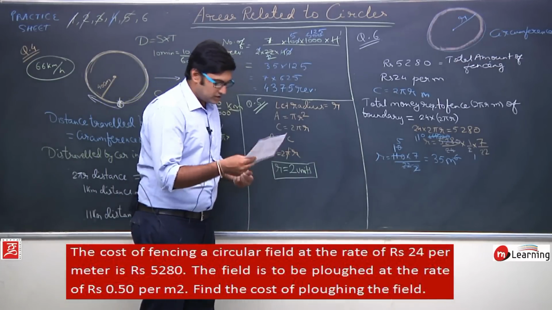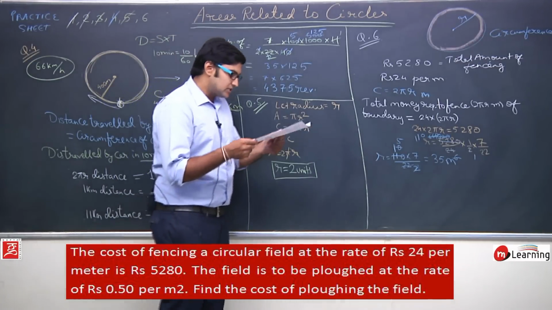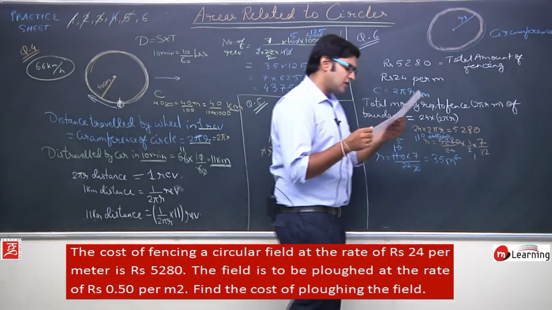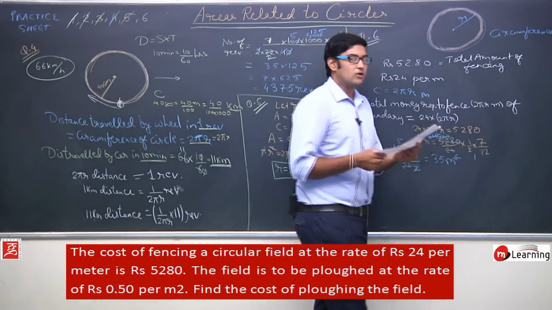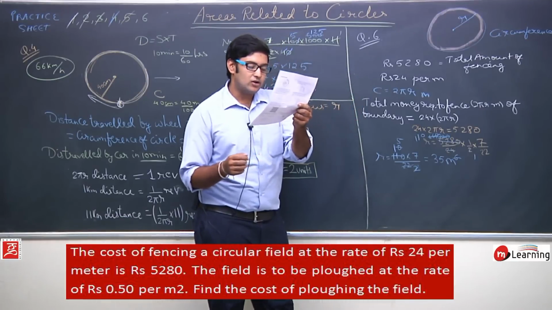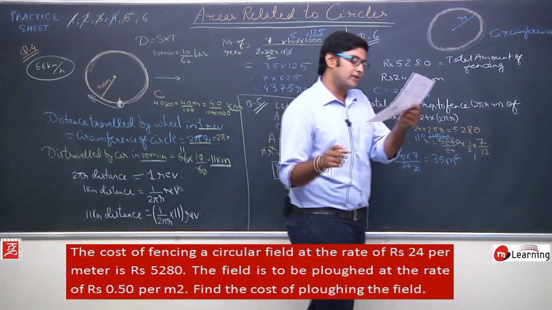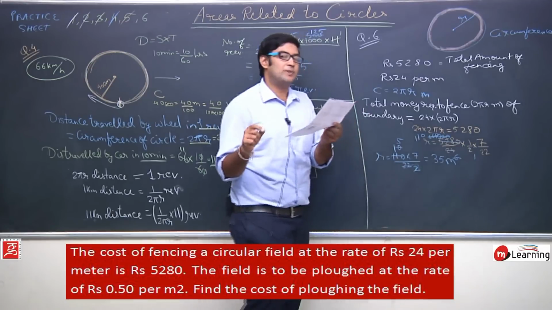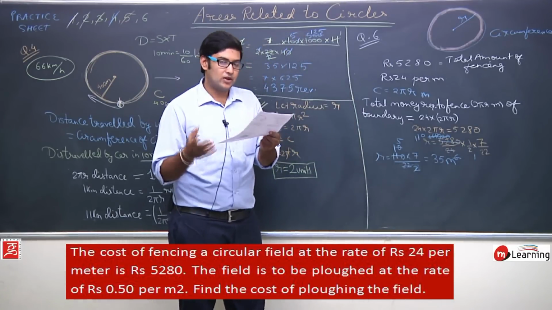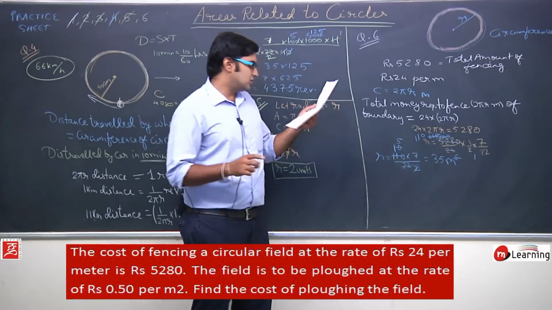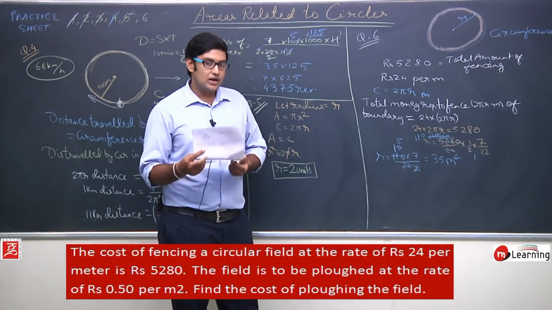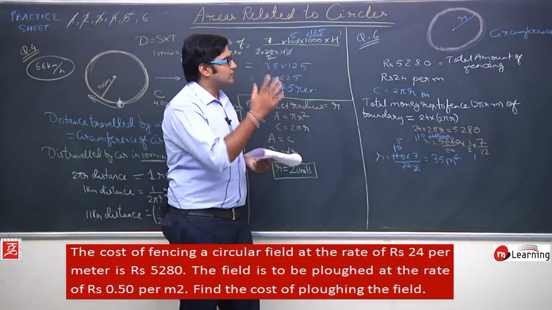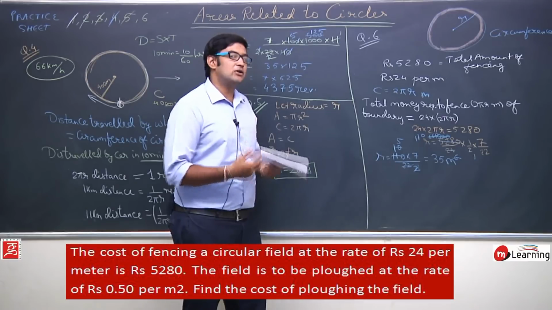Now, I want to plough this field. How much money do I require to plough this field? Now, it says that the amount required to plough the field is 0.50 rupees per meter square. So, per meter square I need to spend 0.50 rupees. Now, if I talk about the ploughing of this field, then what should come into the picture?